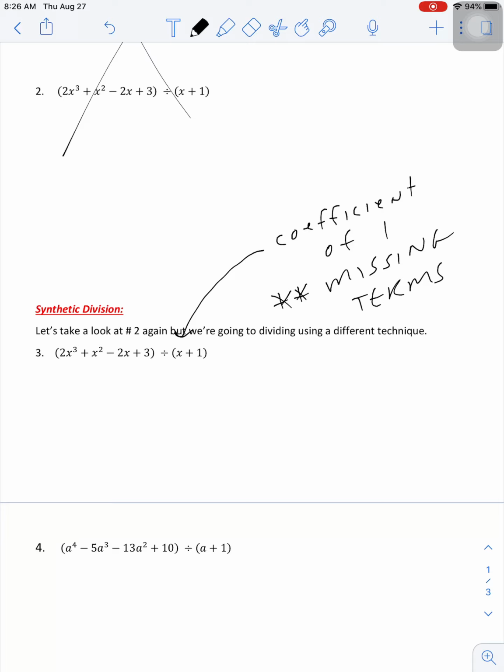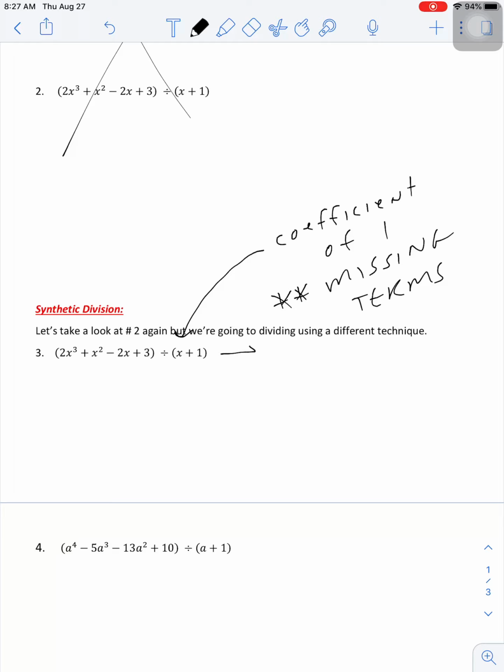So before I even do synthetic, I would look for missing terms. We got 3, we got 2, we got 1, we got 0. We're good to go there. We're also good in the fact that we have a coefficient of 1.